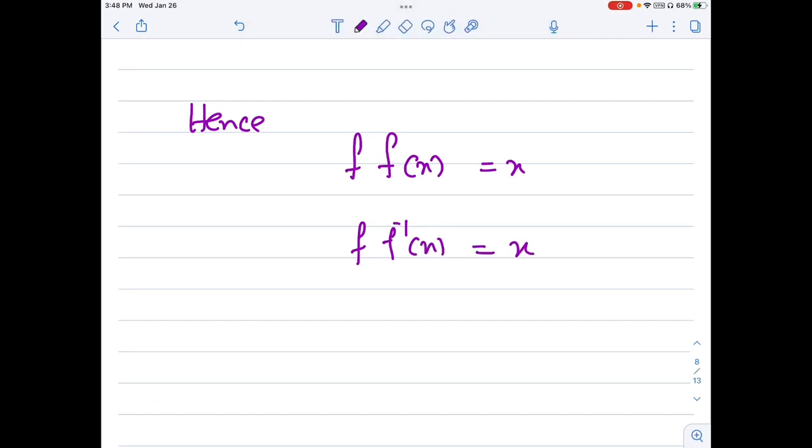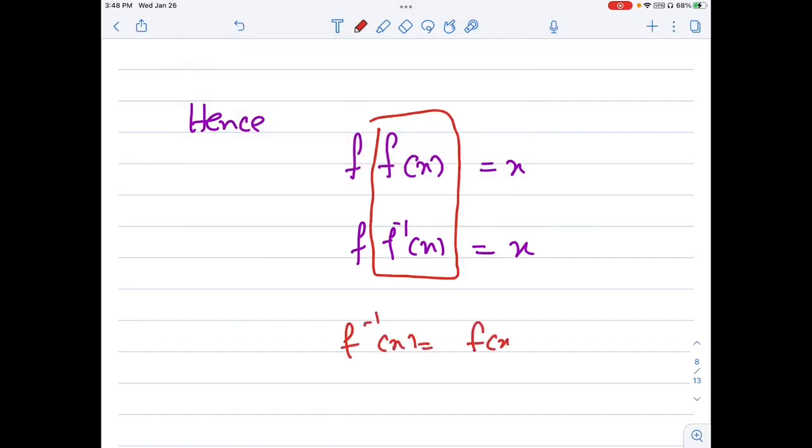So from here we can see that f and f inverse are the same. So f inverse of x will be equal to f of x itself, which is (x + 3) upon (2x - 1). f of f of x is equal to x, we have proved, and according to the formula, f of f inverse of x is equal to x. So therefore, the function is its own inverse. So f inverse of x is equal to f of x.